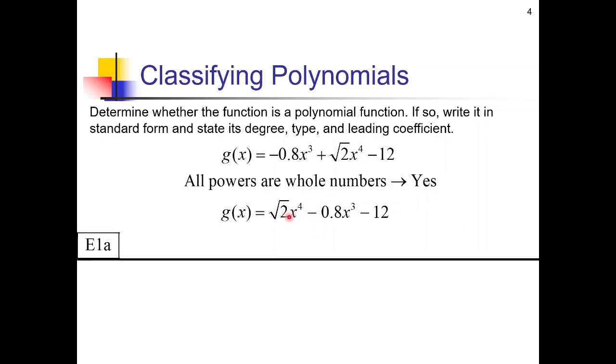So now looking at our lead term for the degree, that's just the exponent for the lead term. That's a 4, so that's a fourth degree. The type is based off the degree. Fourth power, remember from our chart, was quartic. And then the lead coefficient is just going to be this radical 2 that's multiplied by the lead variable here. So radical 2 is our lead coefficient.